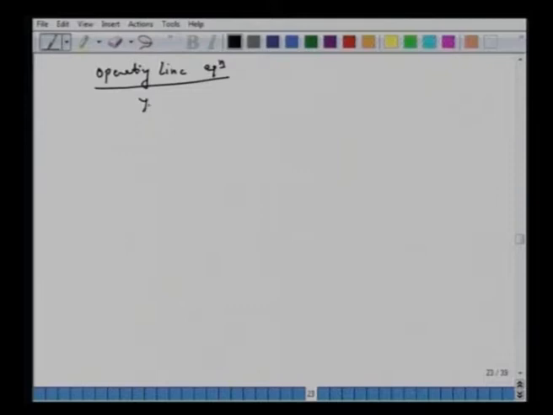Which is Yn plus 1 equals R over R plus 1 Xn plus XD over R plus 1.